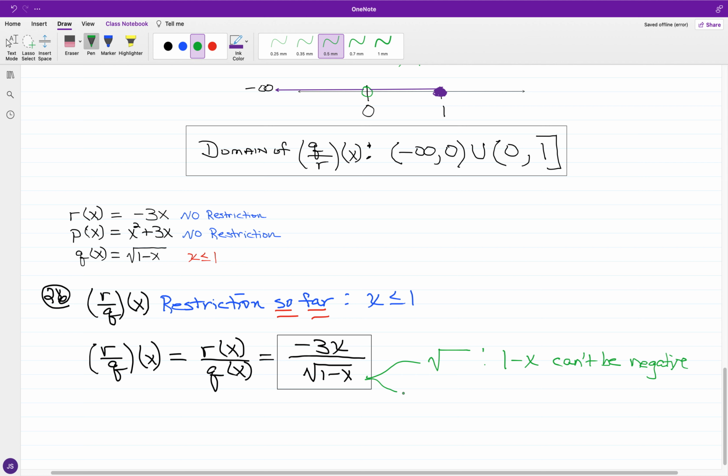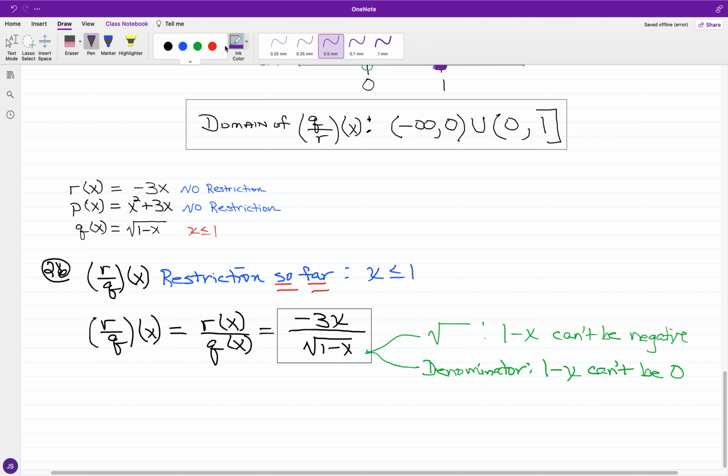And also because we have the denominator consisting of the square root of 1 minus x, and since we cannot have a 0 value denominator, 1 minus x cannot be 0. And so this is going to stress that 1 minus x again cannot be negative, cannot be 0, so anything left among the categories, we have that 1 minus x can only be positive.